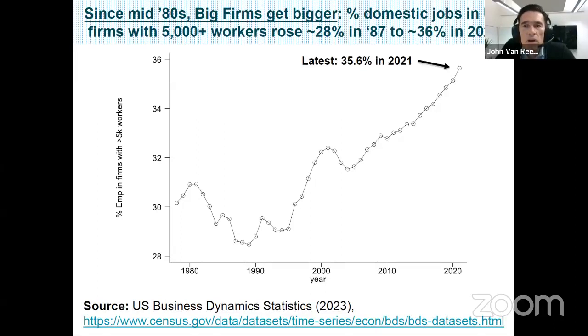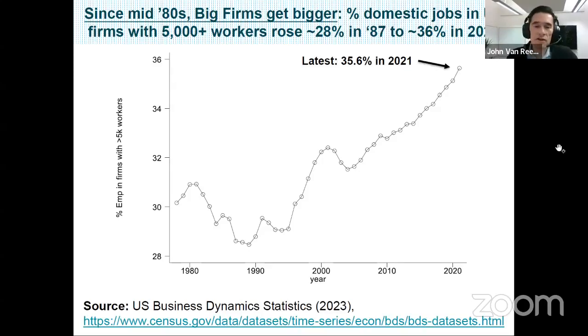So there's about 2,600 firms which have more than 5,000 workers. In the mid-1980s, these superstar firms accounted for 28% of all jobs. And for the latest figures in 2021, about 36% of all jobs are in these superstar firms. That's something like a 7 or 8 percentage point increase over this period.